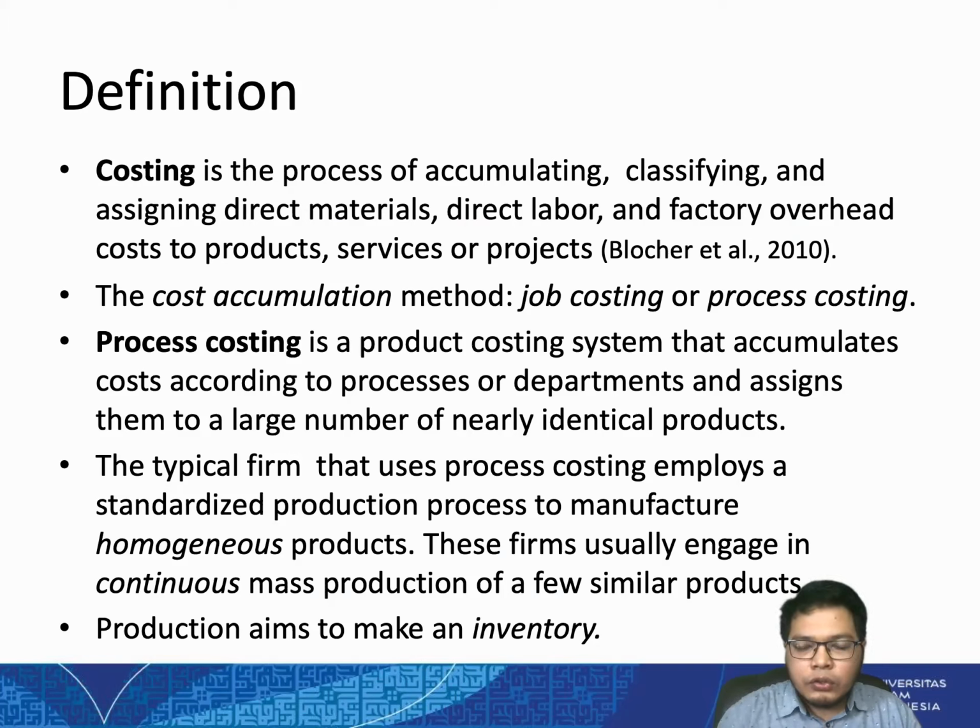Only if the inventory is empty will they produce more. However, usually because the production is continuous, there will always be a steady stream of finished goods that can be stored into the inventory. That's the idea. So this is the opposite of job costing.